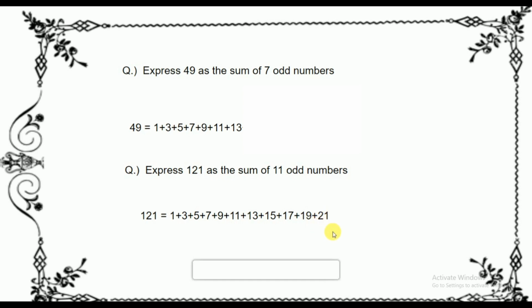So, this is the way we can write 121 as the sum of 11 odd numbers.